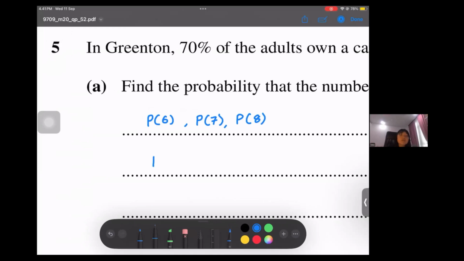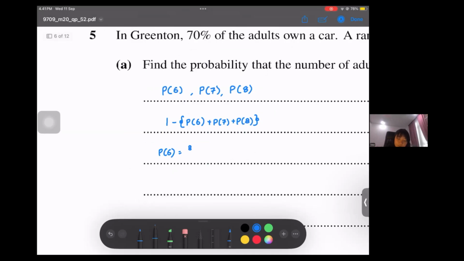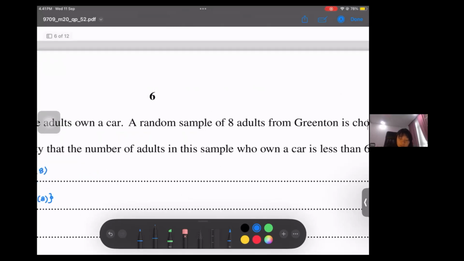So our arrangement will be 1 minus P6 plus P7 plus P8. When you find P6, it will be 8 because the total number of samples will be 8 adults.